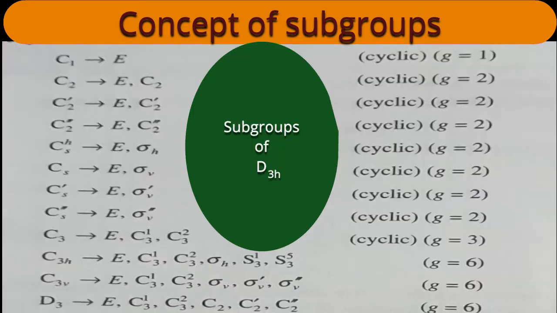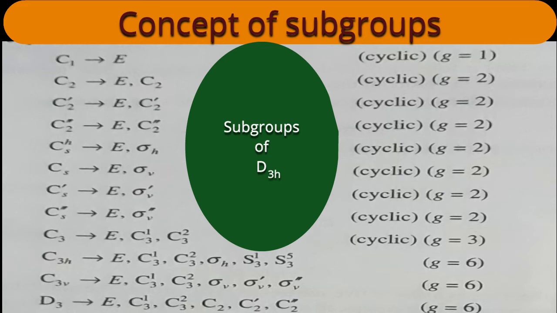The 12 possible subgroups for the D3h point group are represented here. If 12 is the number, then subgroups can be of the order 1, 2, 3, 4, 6. But there is no subgroup which has the order 4. But other possibilities are considered here. At the beginning, C1, where H is equal to 1, is represented.